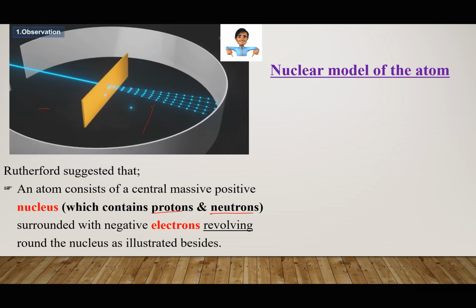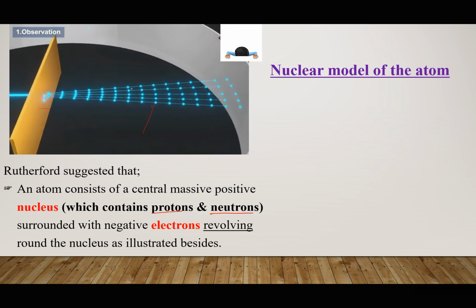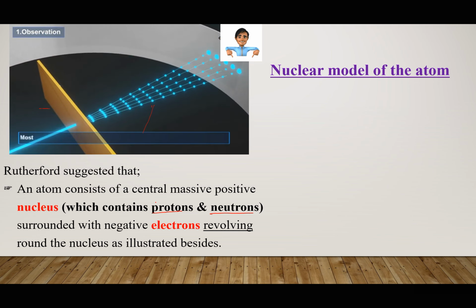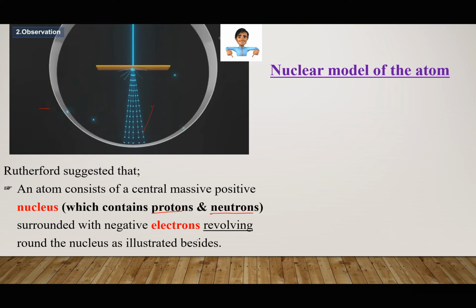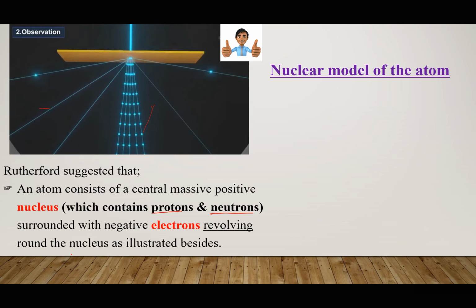So this means an atom may not be described as J.J. Thomson had suggested. Rutherford suggests that an atom consists of a central massive positive nucleus which contains protons and neutrons, surrounded by negative electrons revolving around the nucleus, as illustrated by that animation there.